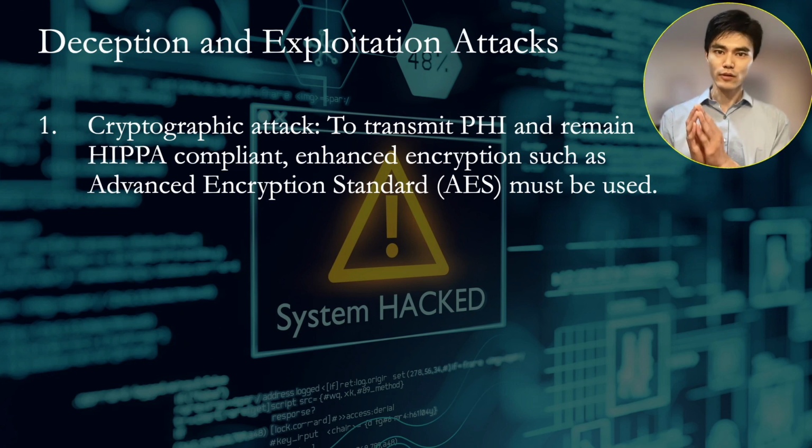But something like WhatsApp or iMessage, of course, they have end-to-end encryption, but it is not as sophisticated and strongly encrypted as AES. So it is not considered HIPAA compliant. So attackers take advantage of this and do a cryptographic attack to understand the message.